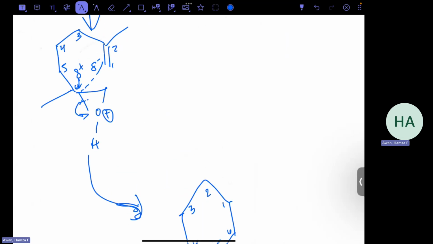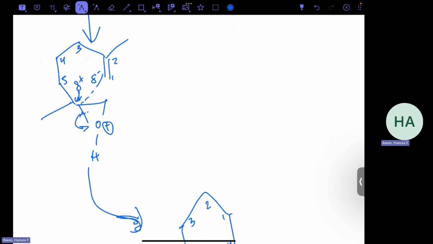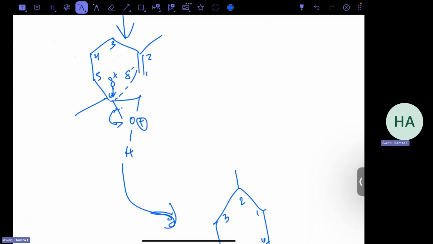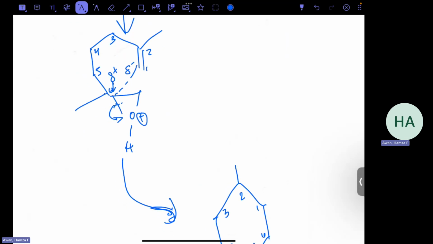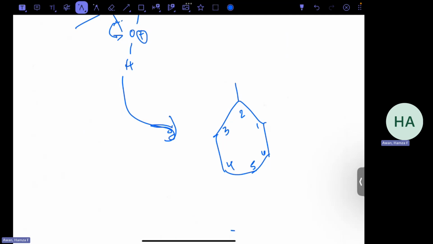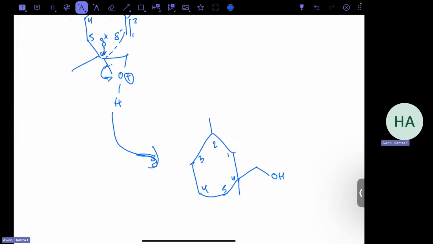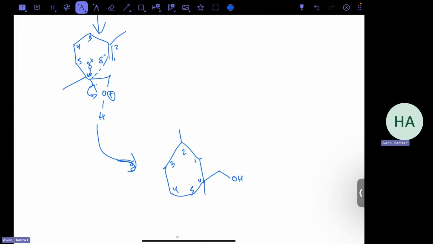So on carbon 1, we have nothing attached. On carbon 2, we have a methyl, so we'll add that. On carbon 3, nothing. 4, nothing. 5, nothing. On 6, we have our methyl group. And then we have our carbon and OH. So CH2OH.